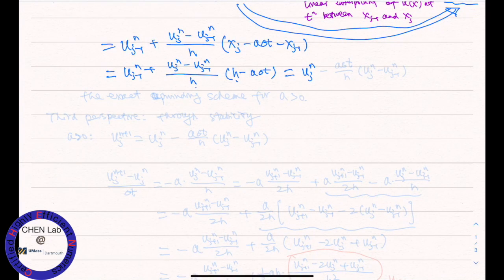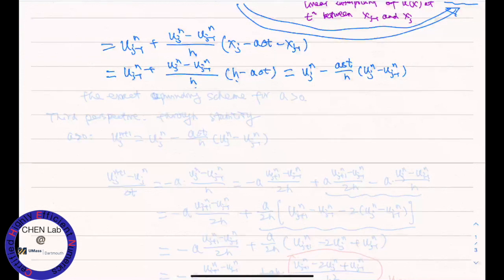If you simplify, this h and this h cancel. You have U_j^n minus U_(j-1)^n plus U_(j-1)^n, so you get U_j^n. And then what we have left is A delta t over h times U_j^n minus U_(j-1)^n.